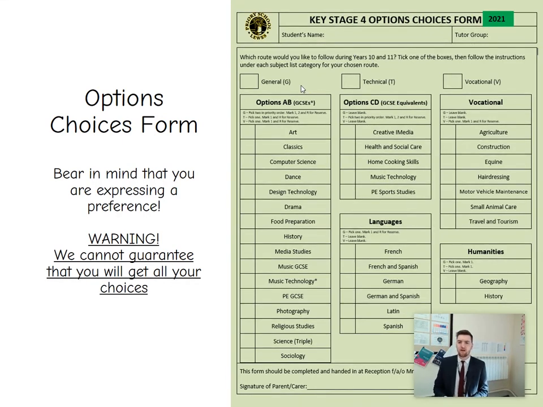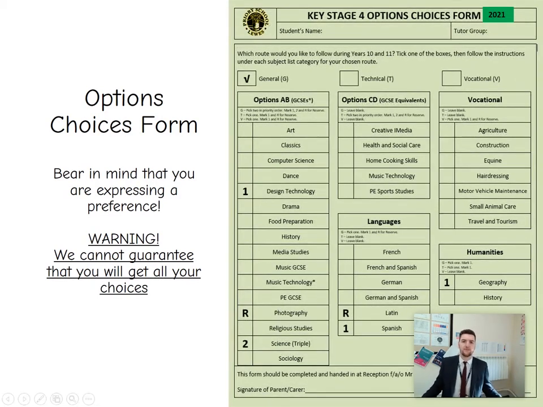So I'm going to show you roughly how this might work. Okay, let's start first of all with the general route. Imagine you've looked through the booklet and you've said to your parent or carer, the general route is for me. So let's look at how that could build up. Imagine I've ticked general route because that's what I'm going to do. I've decided I definitely want to choose DT as one of my options. I definitely want to do triple science. That means that you'll have 3 GCSEs, chemistry, biology, and physics, as all separate GCSEs.